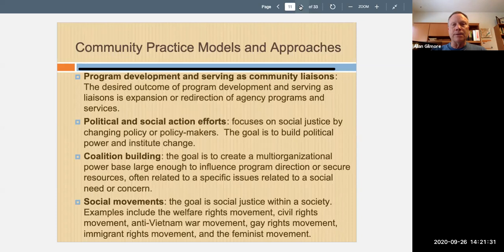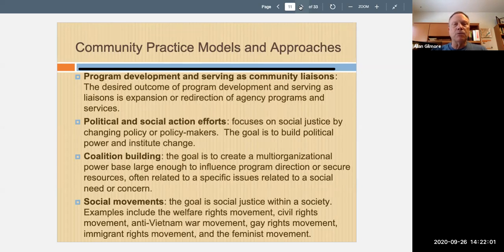Program development and serving as community liaisons. With this particular practice model, the desired outcome of program development and serving as liaisons is expansion or redirection of agency programs and services. This is something that often happens with an organization that for a period of time has been providing one type of service, or a particular service in a particular way.